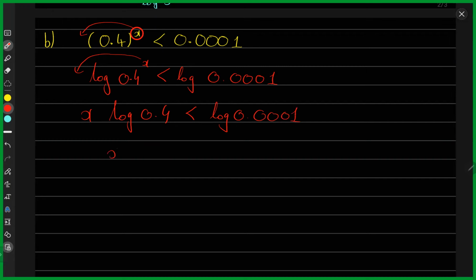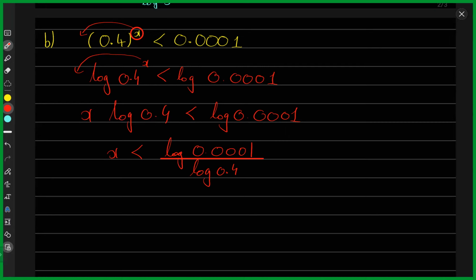And after simplification, I would get x < log 0.0001 divided by log 0.4. Now I'm not supposed to do anything on my own. I am just directly going to use my calculator.